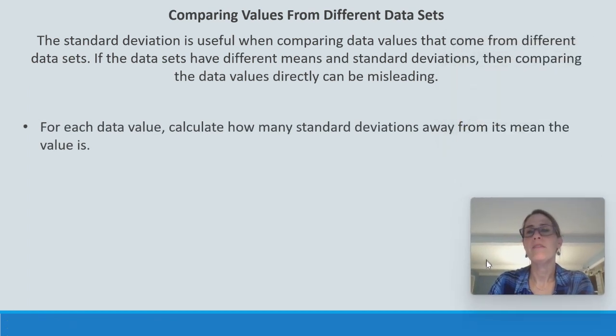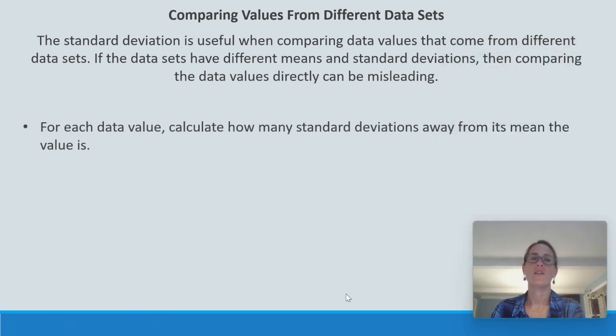So when we're comparing values from different data sets, the standard deviation can be really useful in this situation. If the data sets have different means and standard deviations, then comparing the data values directly can be misleading. So for each data value, we want to calculate how many standard deviations it is away from the mean of its data set.